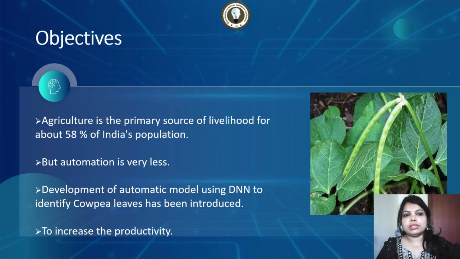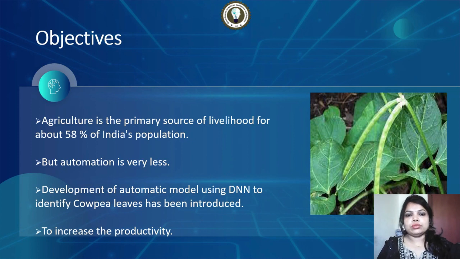So today's objective for this presentation is: agriculture is the primary source of livelihood for about 58% of India's population. If we talk about the world population, it is still important because food is important for each livelihood.